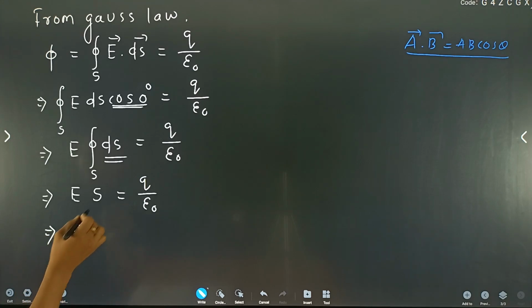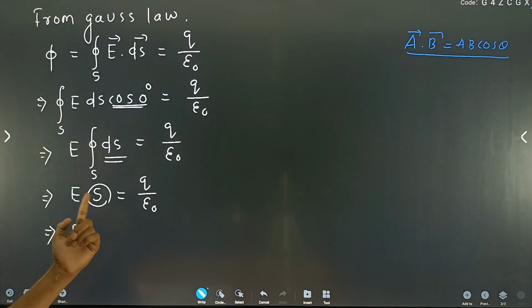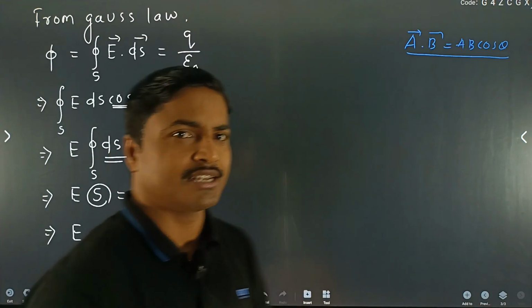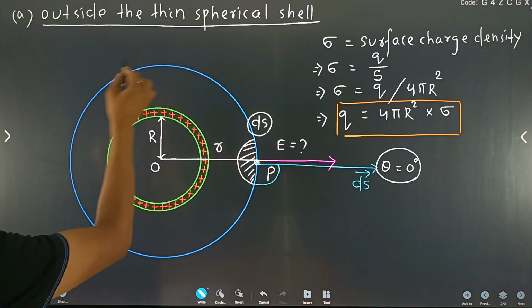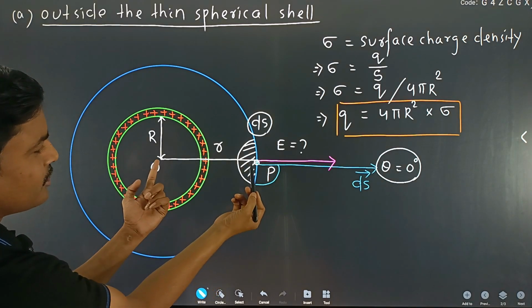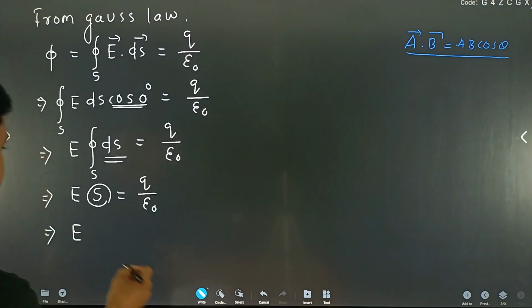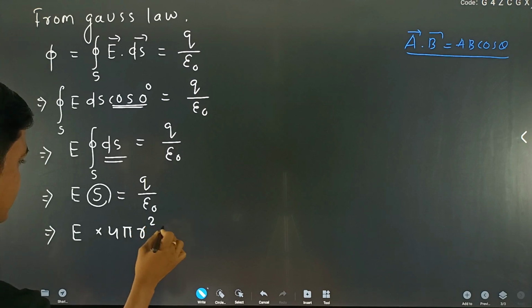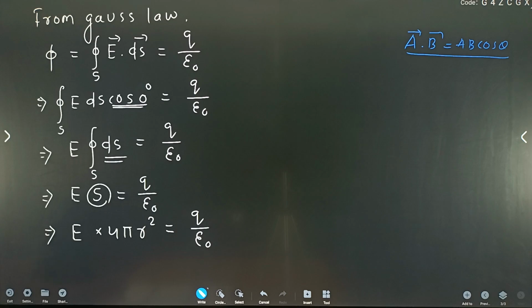That implies E multiplied by S. S is the total surface area, and here this is the surface area of the Gaussian surface, not the thin spherical shell. So S is equal to, the radius of the Gaussian surface is r, and the surface area is 4 pi r square, equal to q divided by epsilon 0.